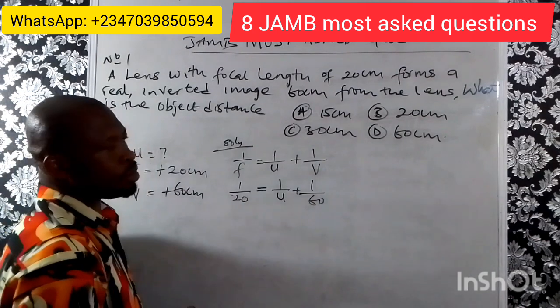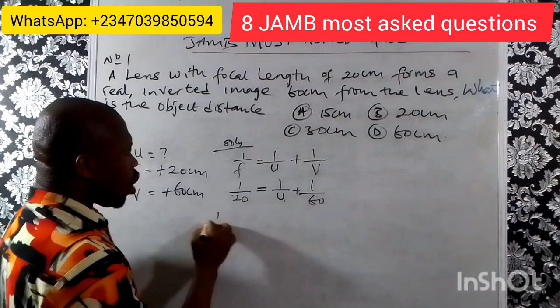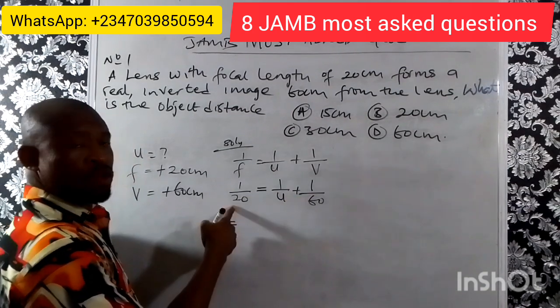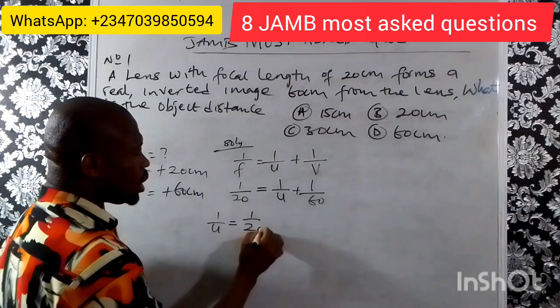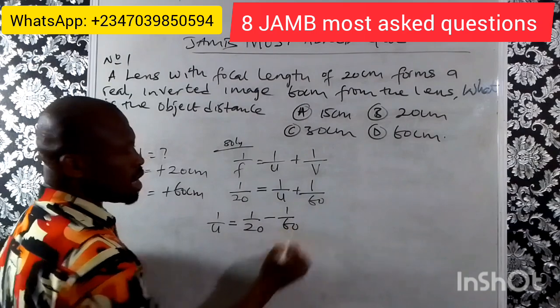Now, if we make u the subject, we have 1 over u is equal to 1 over 20, and then this one moves over and becomes minus 1 over 60.